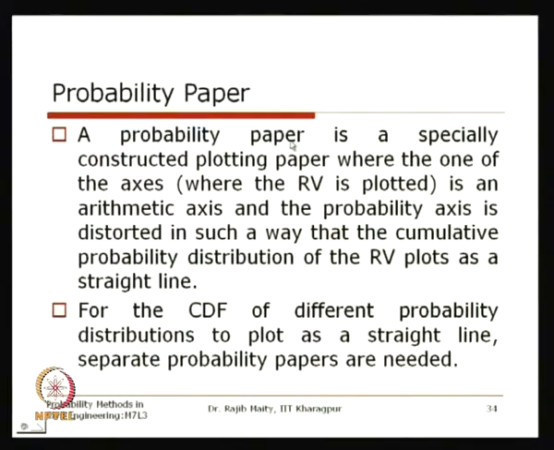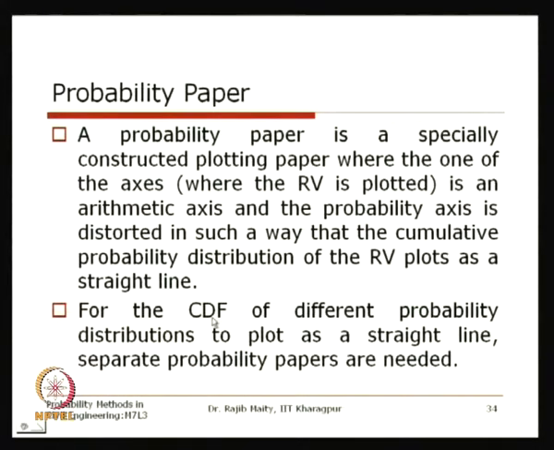A probability paper is a specially constructed plotting paper where one of the axes, where the random variable is plotted, is an arithmetic axis, and the probability axis is distorted in such a way that the cumulative probability distribution of the random variable plots as a straight line.